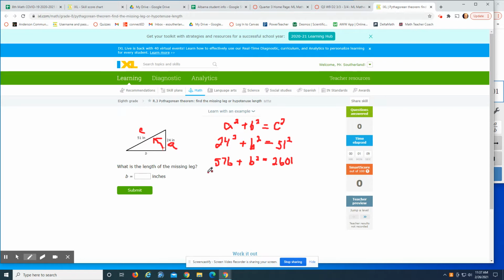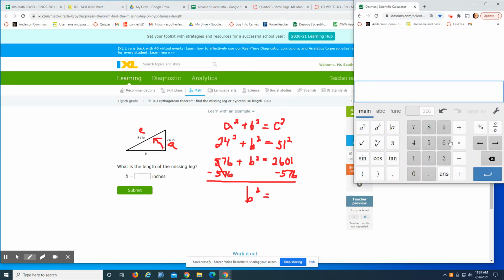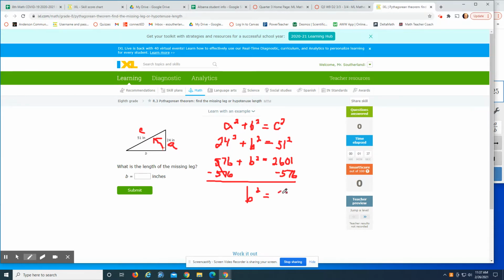Use our skills from equations. We're going to subtract 576 so we can get that B by itself on both sides of the equal sign. These are going to cancel. B squared drops down. It's equal to 2601 minus 576, which is 2025.